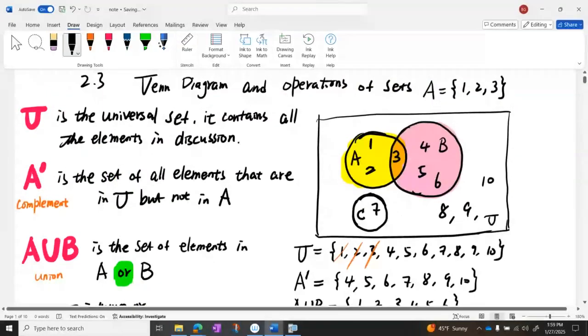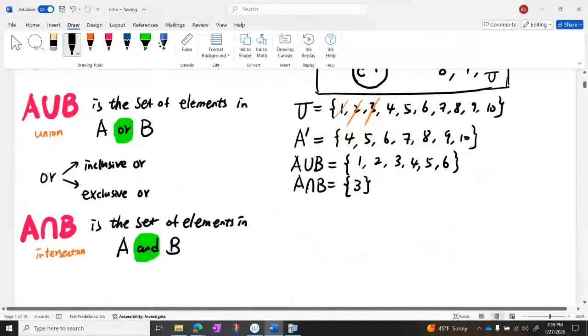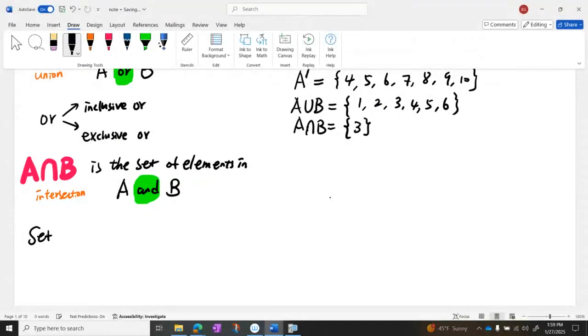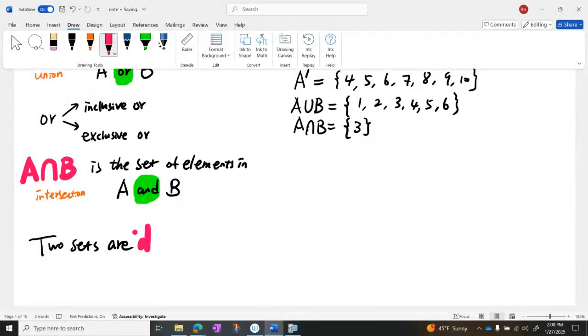One more definition before we look at more examples. Two sets are disjoint. Disjoint is also called mutually exclusive.